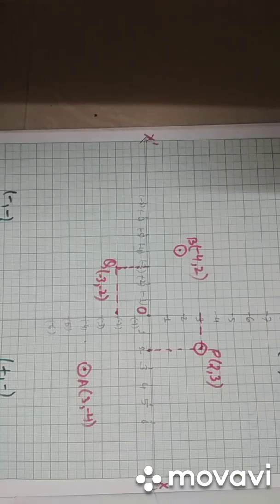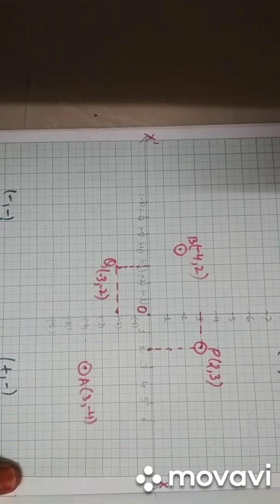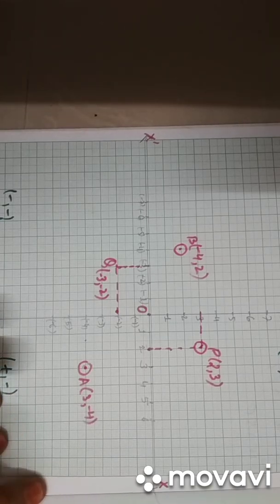Now, before we start with another topic, let us recollect what we have studied in our last session. You can see the graph on your screen. What we have studied already is how to plot the points given to us.